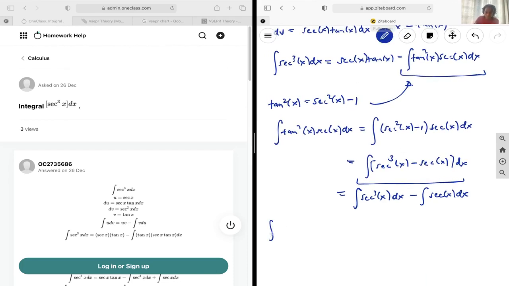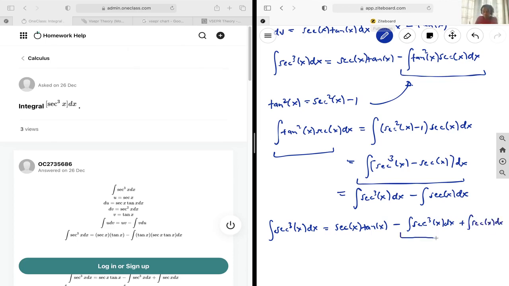And so the integral of secant cubed x dx is equal to secant x tan x minus the integral of, so this is what we had, the integral of secant cubed x dx plus, because minus of minus is positive, the integral of secant x dx.